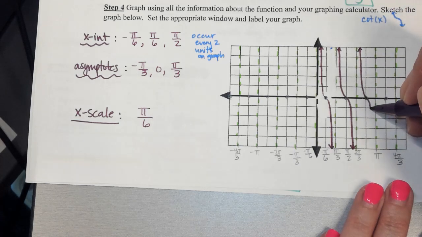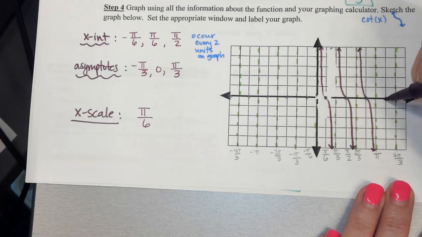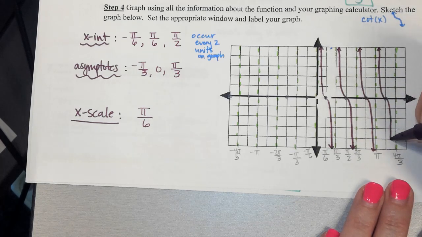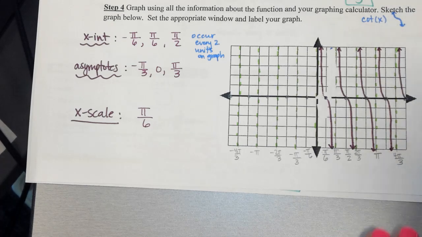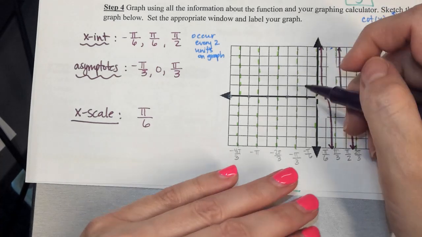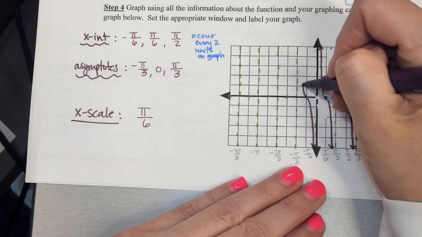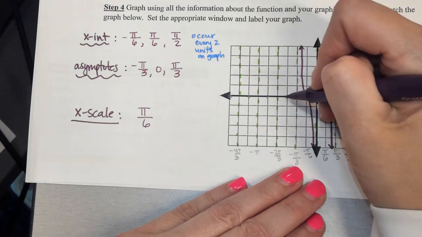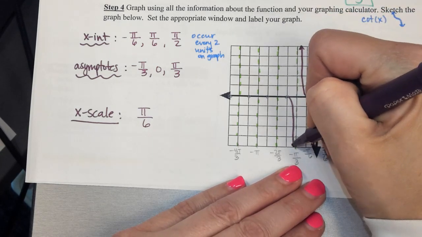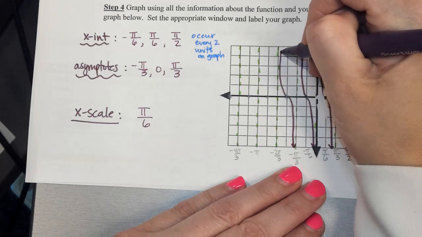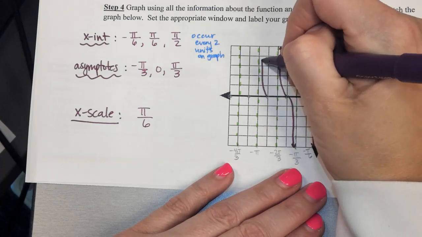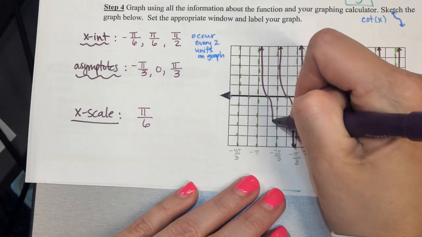We're going to stay diligent. We're going to take our time so that we have the up swoop and then the down swoop, down swoop, up swoop, down, up. And again, this is just going to follow those asymptotes.